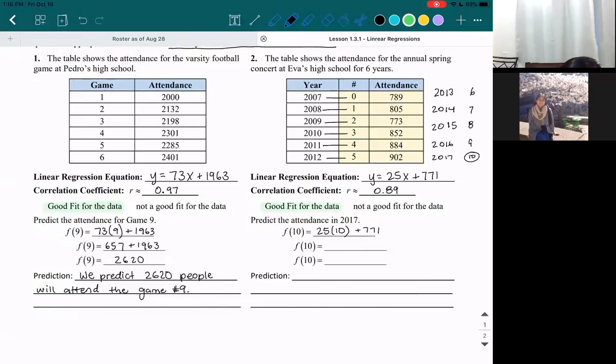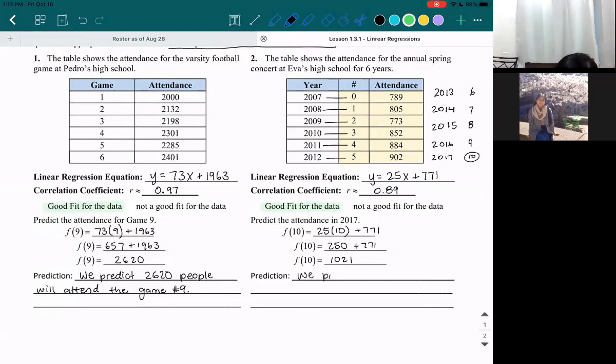Multiplying through PEMDAS, 25 times 10 is 250. And then adding it together, 771 plus 250, we get 1021. So if the trend follows, then in 2017, there should have been 1,021 people.